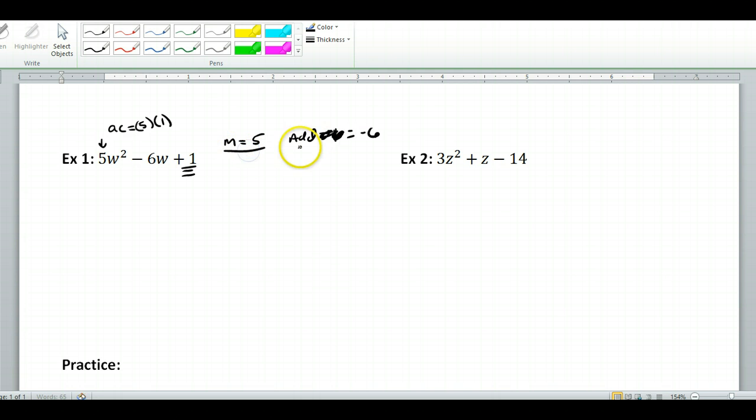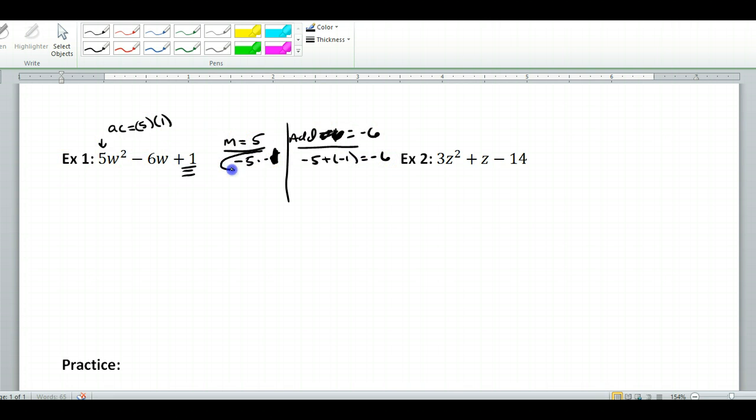So what numbers off the top of your head multiply to give you 5 and add up to negative 6? Negative 5 times negative 1 gives you 5, and negative 5 plus negative 1 gives you negative 6.